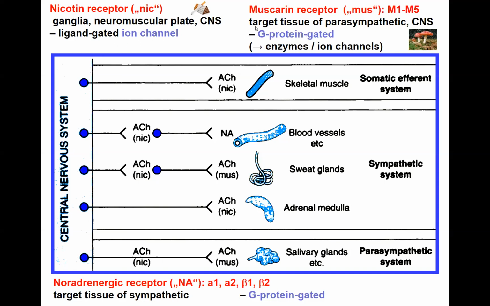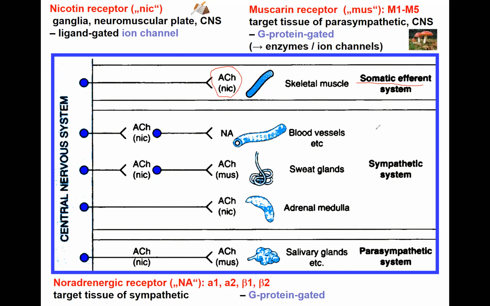And we can find this nicotine receptor in the skeletal system. So this is a somatomotor fiber, and it's a neuromuscular plate. This has nothing in common with the autonomic system, but acetylcholine as a neurotransmitter uses this nicotine receptor in the neuromuscular plate. So that's for skeletal.